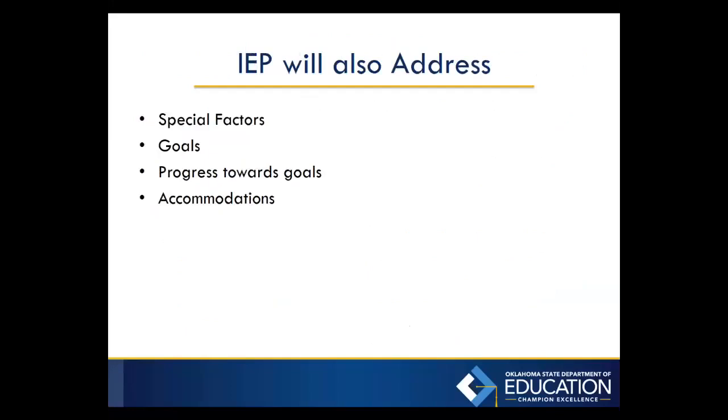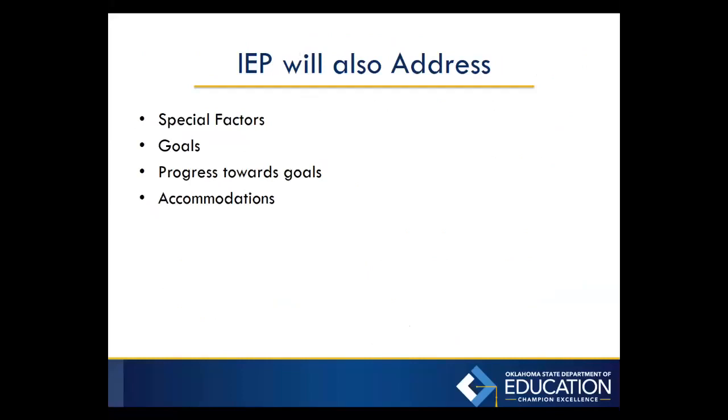Okay, IEPs now want you to look and address special factors. They want you to look at the goals. They want to know what your progress towards goals is. You need to include that in your IEP, maybe in that first part narrative, like, Angela has done well and has accomplished up to 65% of her goal, or whatever the past year brought about.